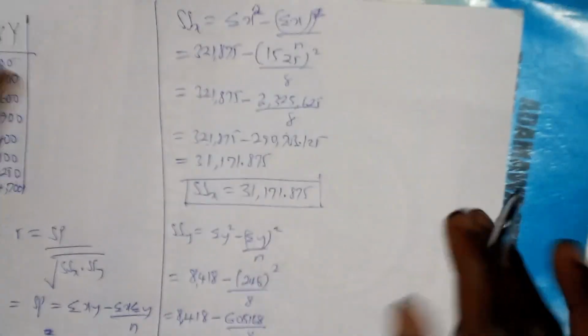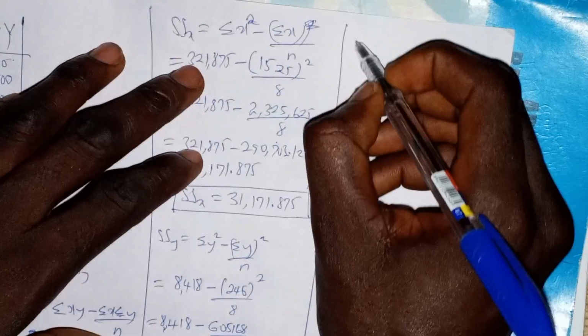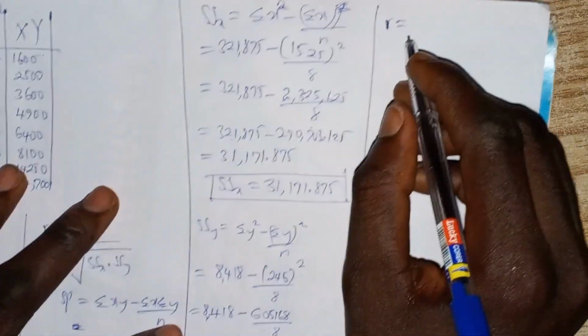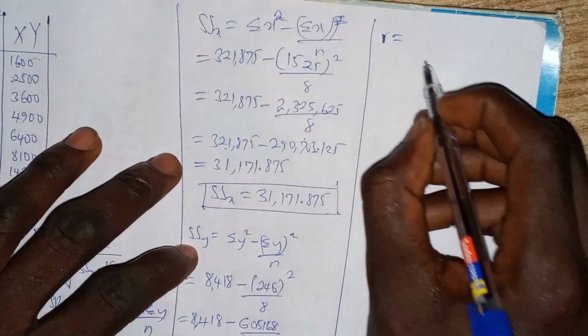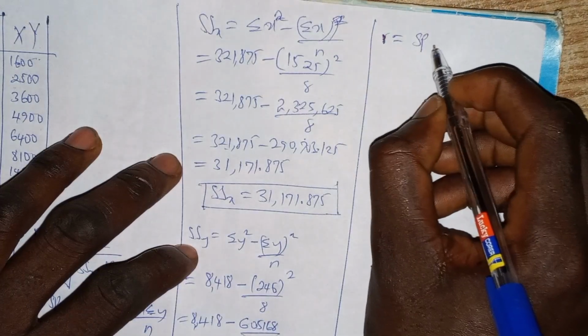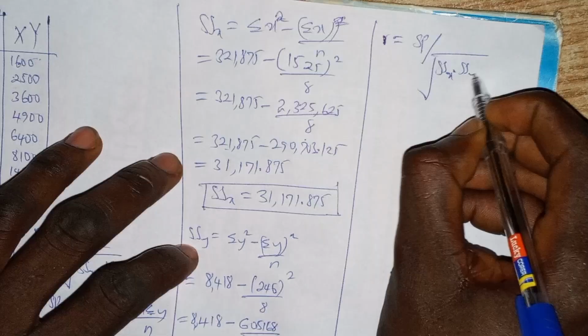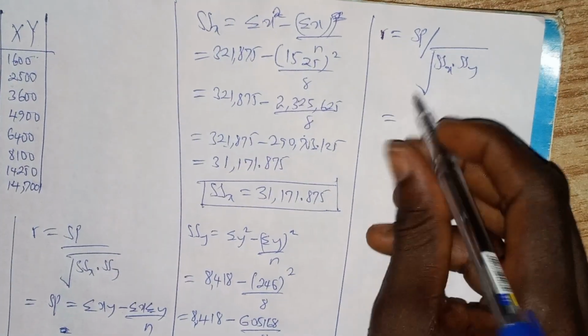Now we go ahead and input this here. R is equal to, from the formula, R is equal to SP over square root of SSX times SSY. So what is SP?